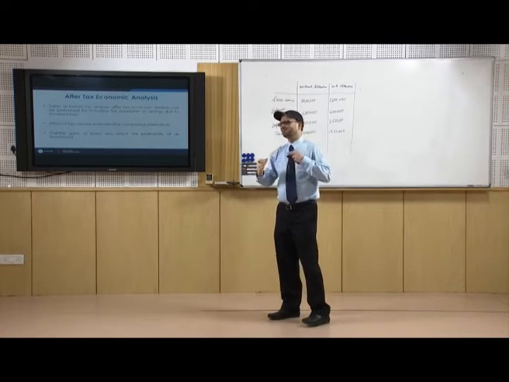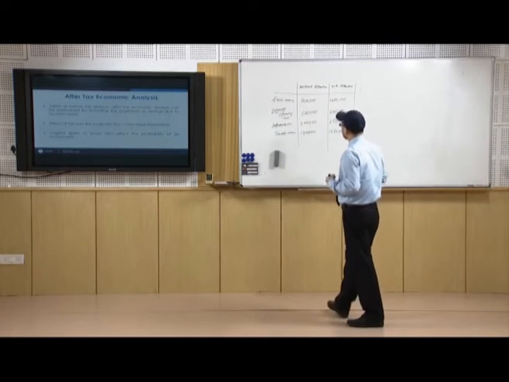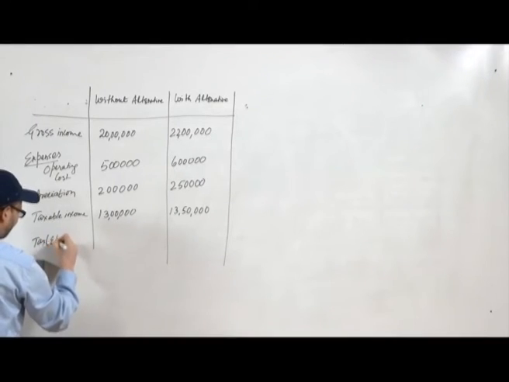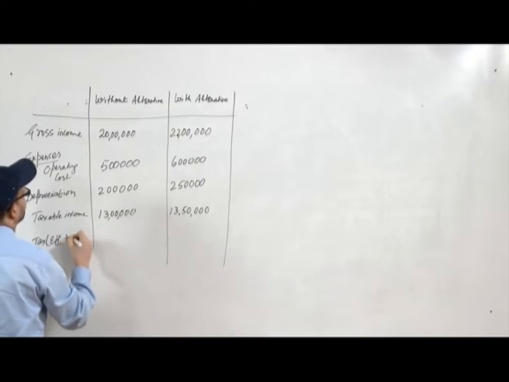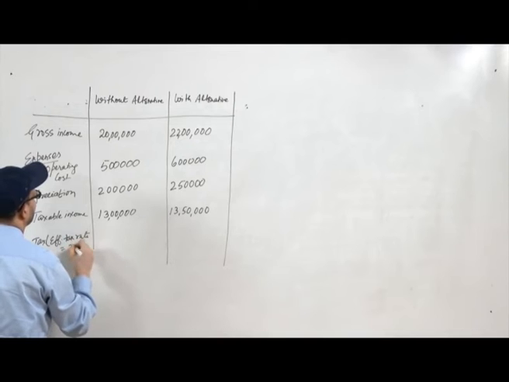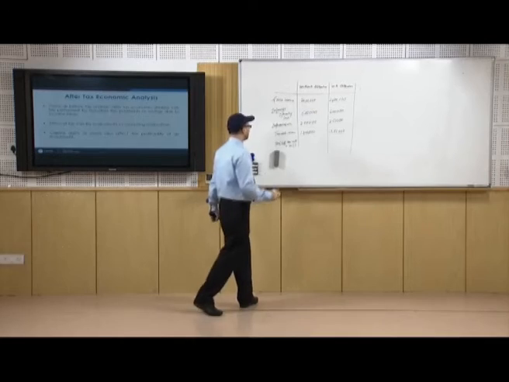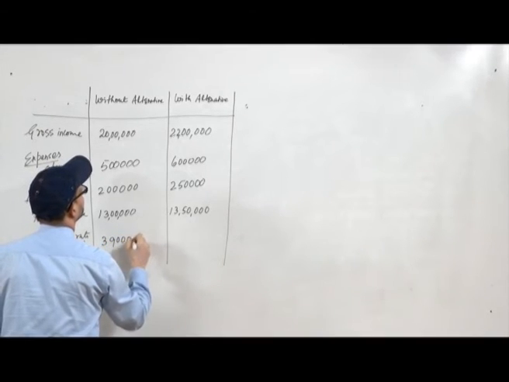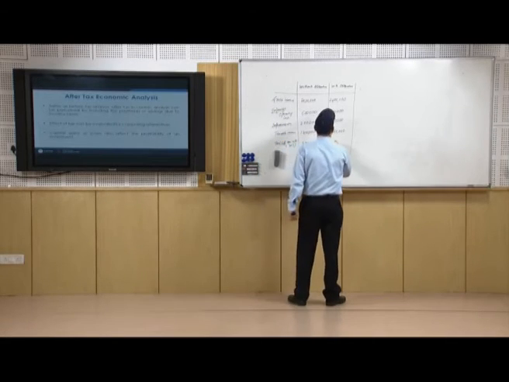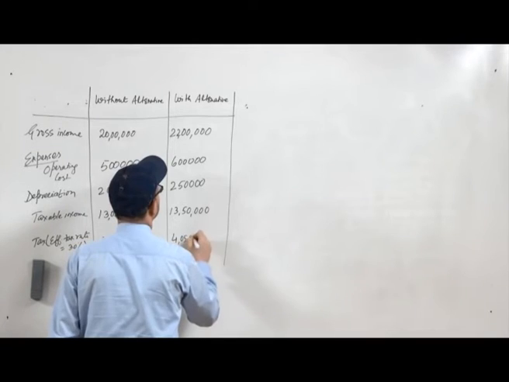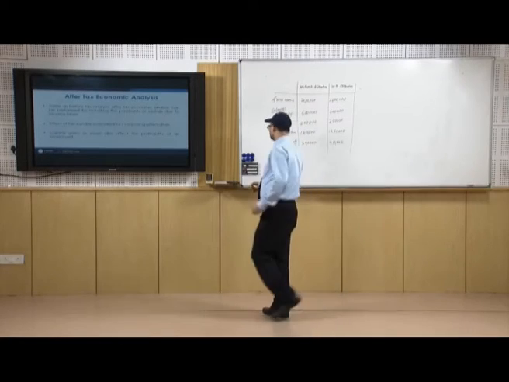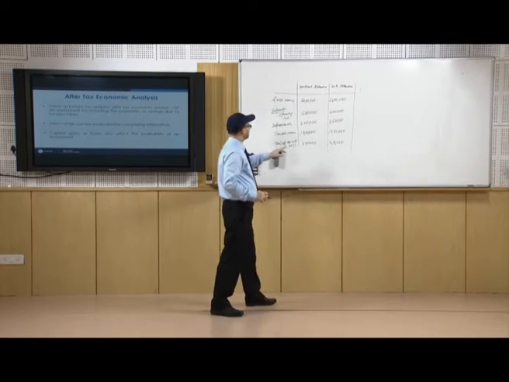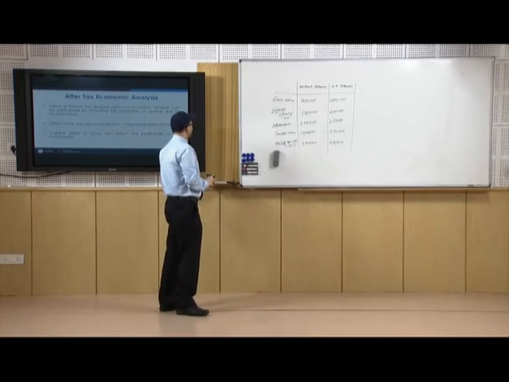Now, if the effective tax rate is taken as 30%, in that case the tax can be computed as 3,90,000 and this is computed as 4,05,000. So, this was the taxable income and this is the tax which is computed.